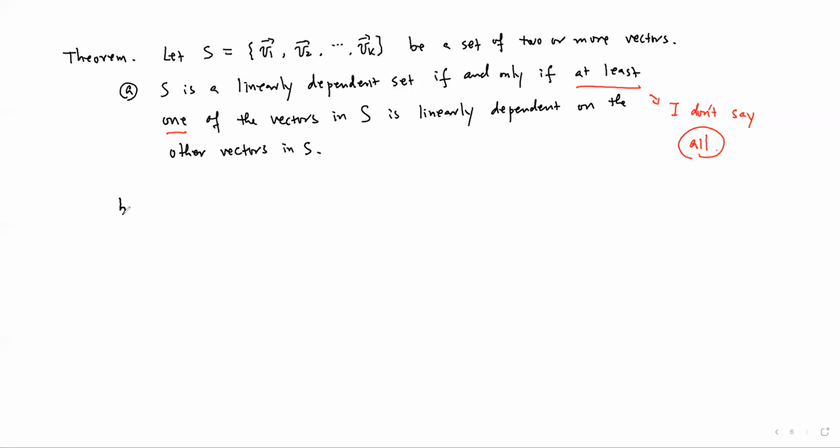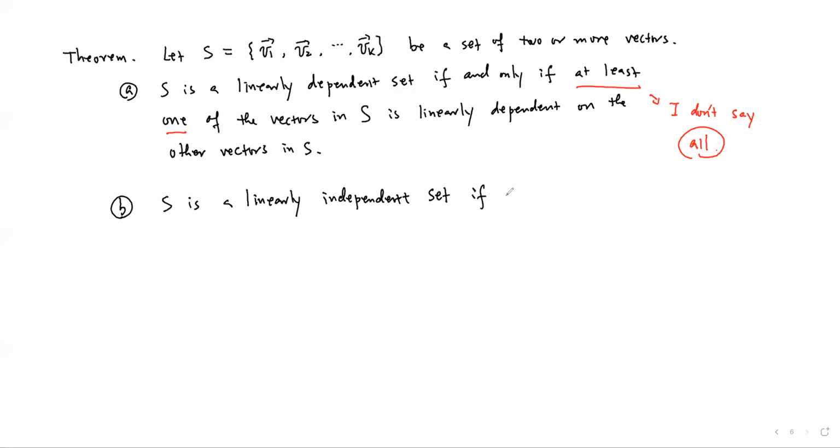B: S is a linearly independent set. Actually, part B follows from part A. Part B and part A, they are the same thing. S is a linearly independent set.